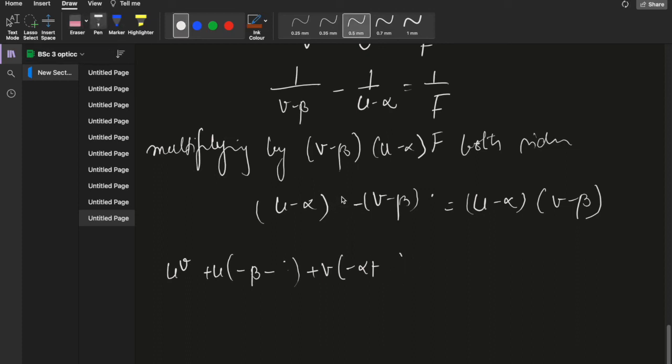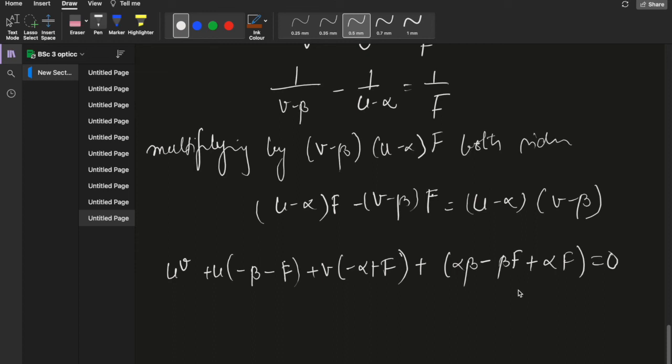So this is capital F, this is again capital F, this is beta capital F, plus alpha beta minus beta capital F plus alpha capital F, which is equal to 0.